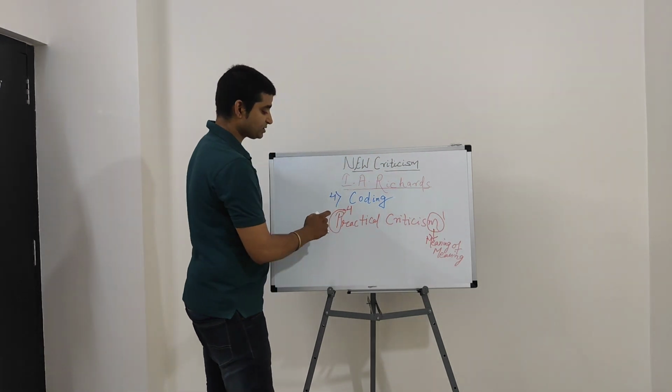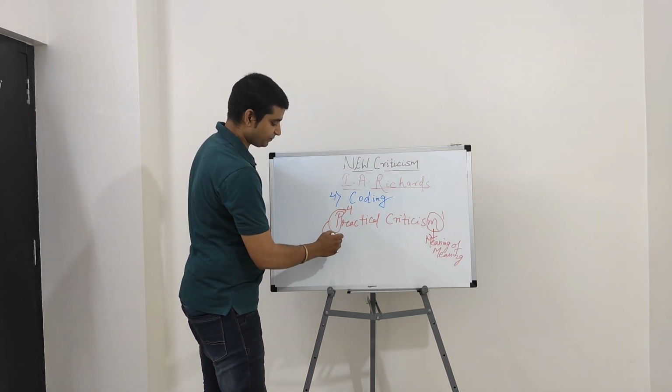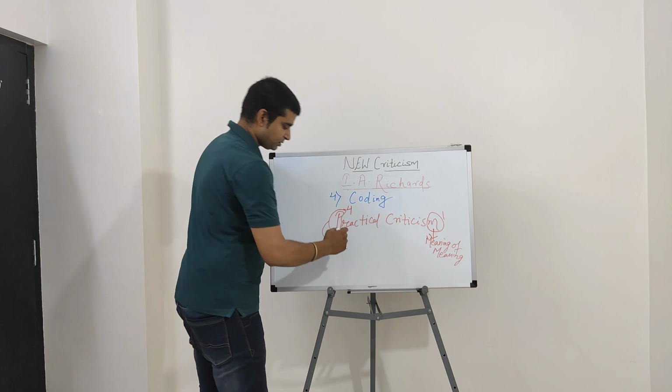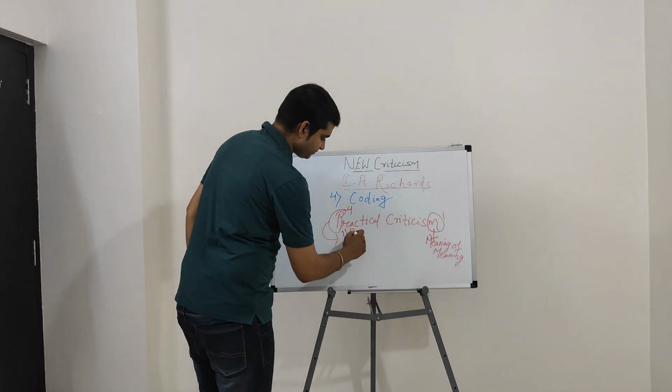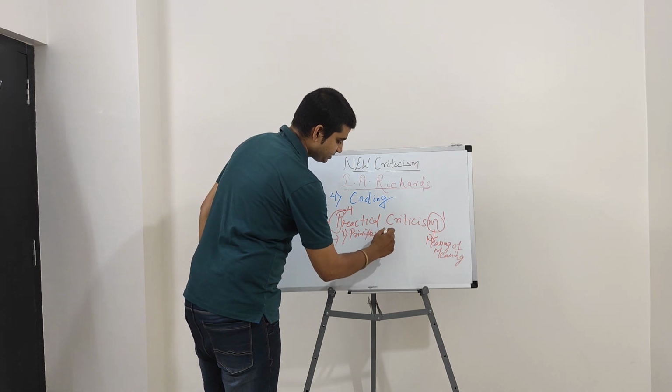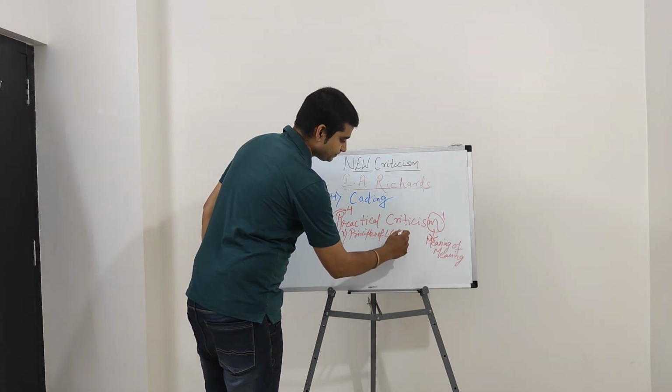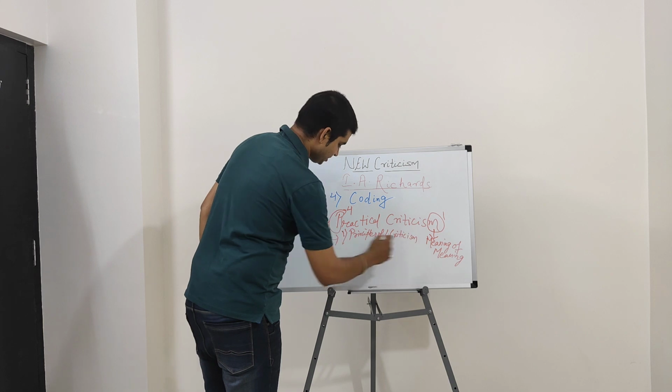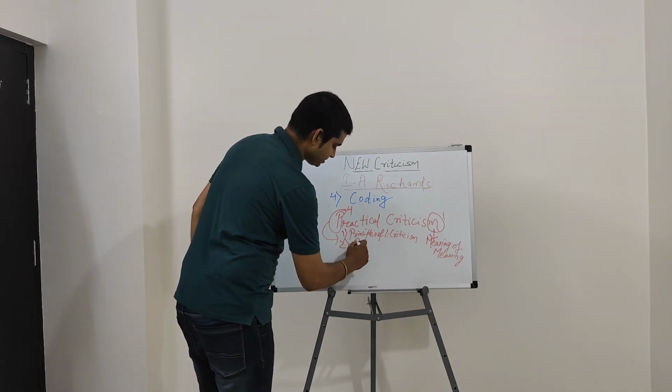And 4 works of I.A. Richards will begin from the letter P. The first is Principles of Literary Criticism. Number second is Practical Criticism.